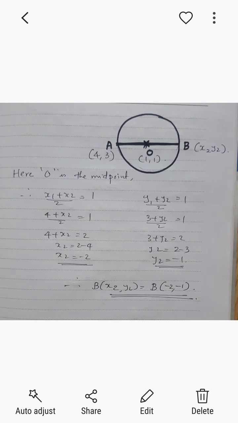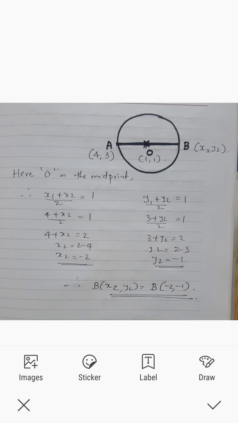See, we are given a circle with the diameter AB. The coordinates of one endpoint of the diameter are given and the other endpoint of the diameter is B. We have to find it. And here you are also given the center of the circle.